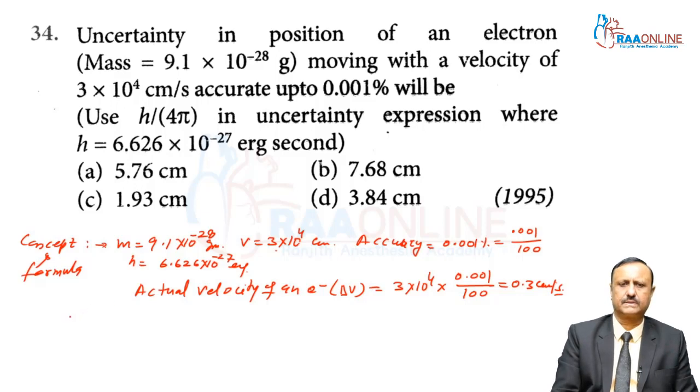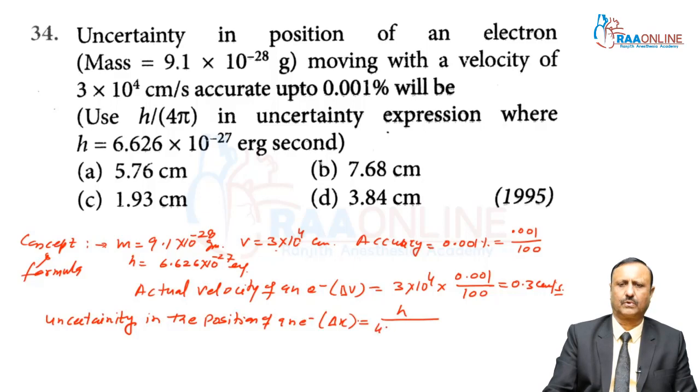Now, my dear students, the uncertainty in the position of the electron, that is delta x, equals h upon 4 pi into m into delta v.